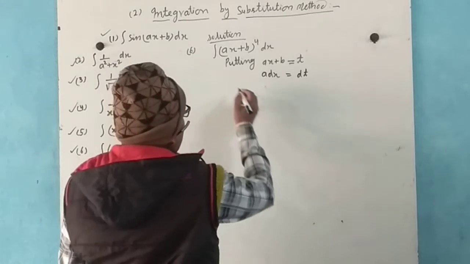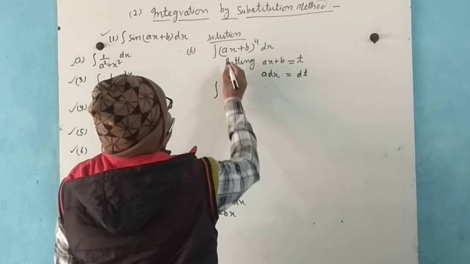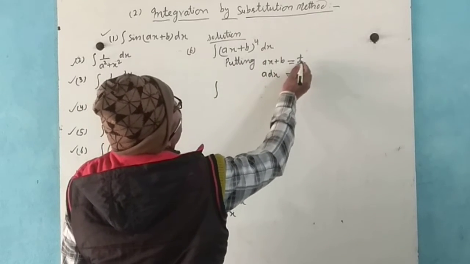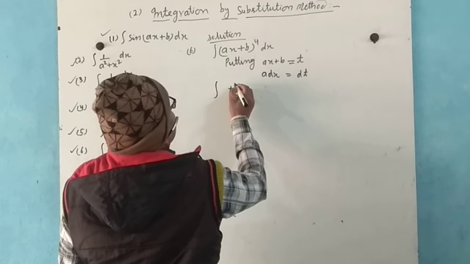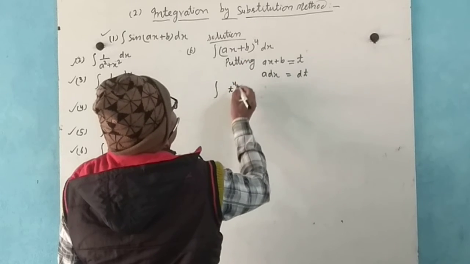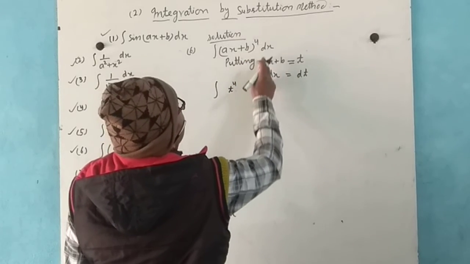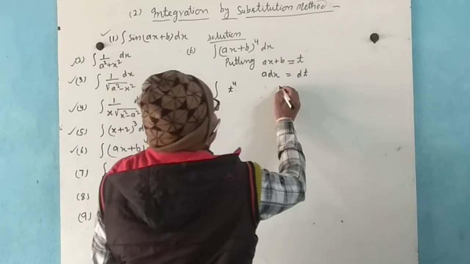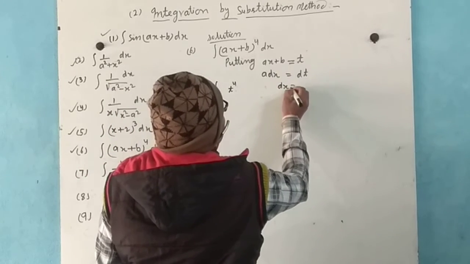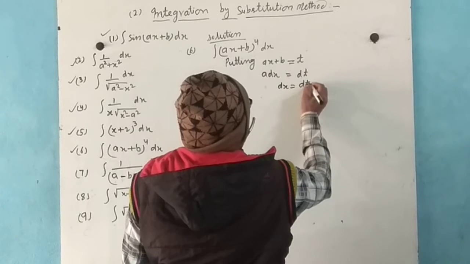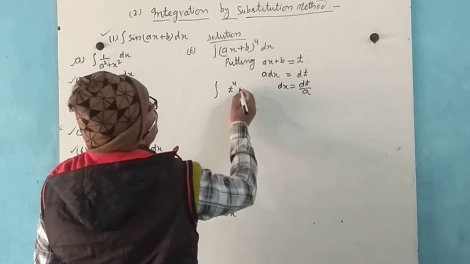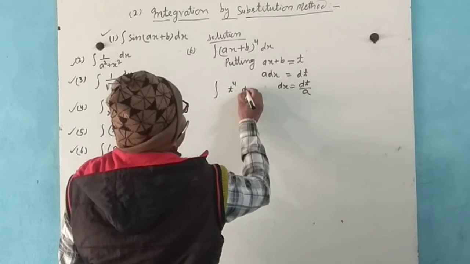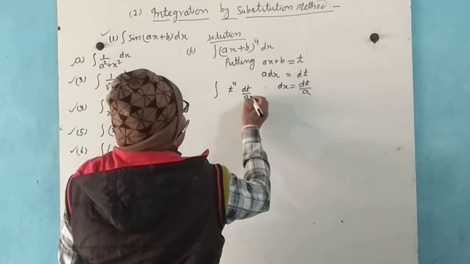Now the integration of ax plus b to the power 4 becomes t to the power 4, and dx equal to dt by a here.